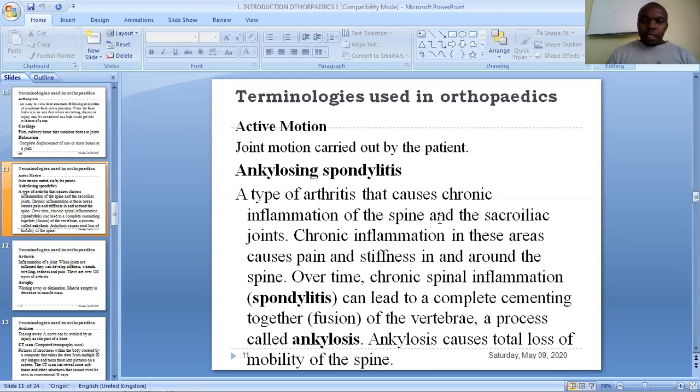So we're simply saying the inflammation of the spine is known as spondylitis. Now, when you have 2 or more vertebrae fusing, we call that ankylosis. So ankylosis causes total loss of mobility for the spine because you end up having some vertebrae fused together, and that limits the number of movements one can actually make.